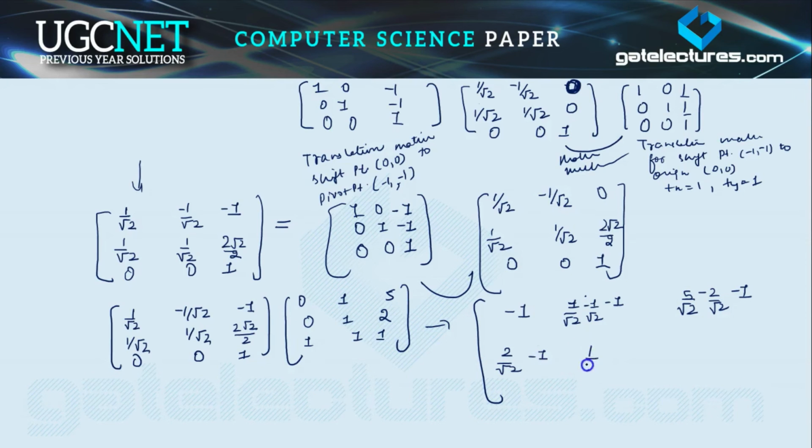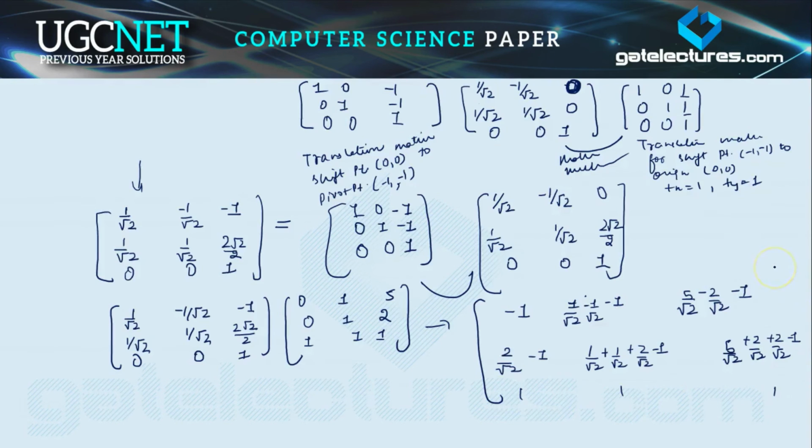Next is 1 by root 2 plus 1 by root 2 plus 2 by under root 2 minus 1, and this is going to be 5 under root 2 plus 2 under root 2 plus 2 under root 2 minus 1, and this is going to be 1, 1, 1.